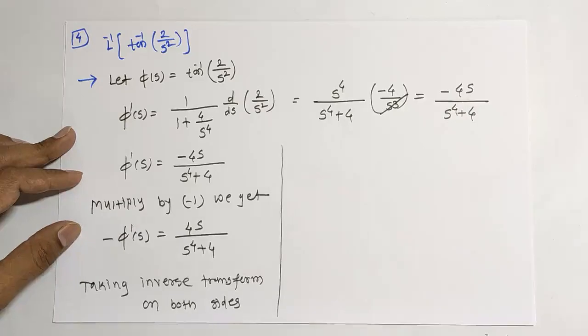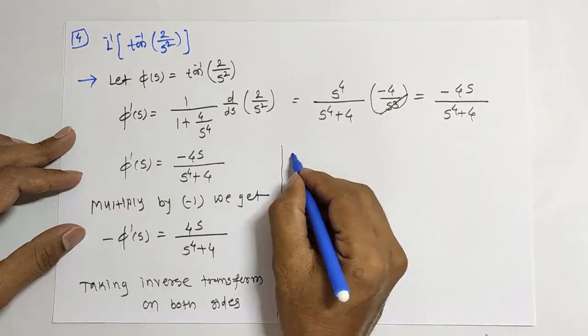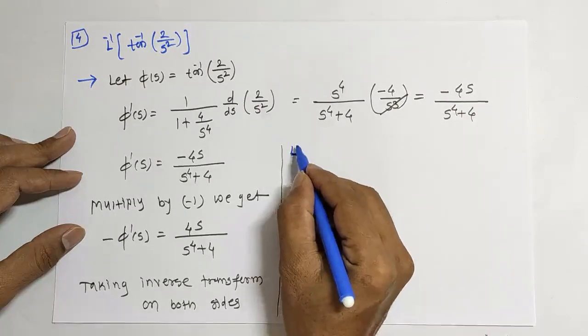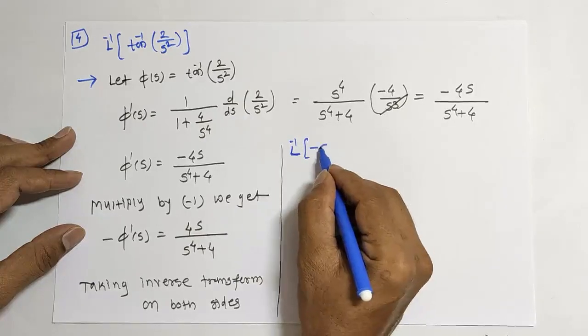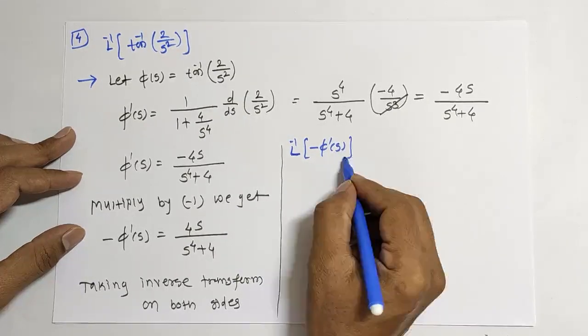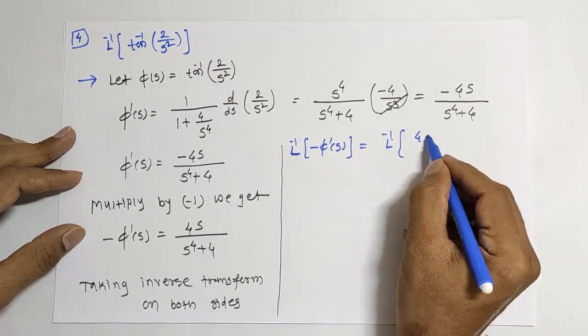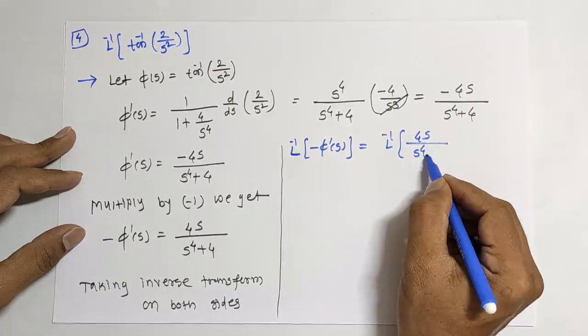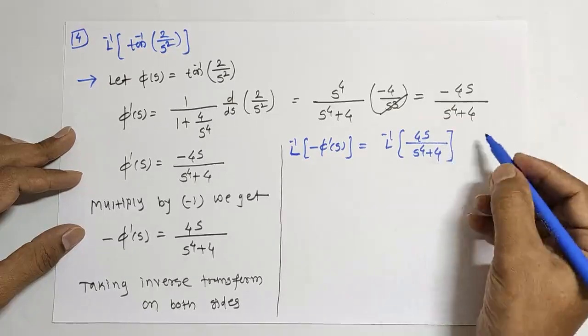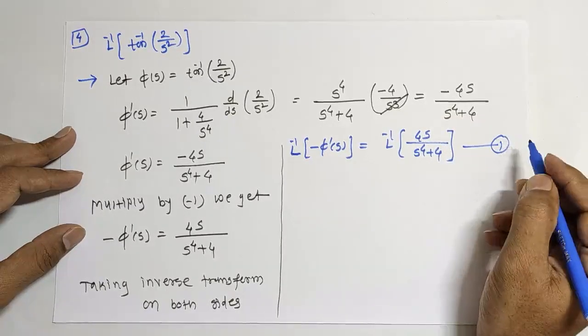So I'm going to take inverse transform of both sides: minus L inverse of phi dash of s is equal to L inverse of 4s upon s raised to 4 plus 4. इसे इक्वेशन नंबर 1 दे देता हूं मैं.